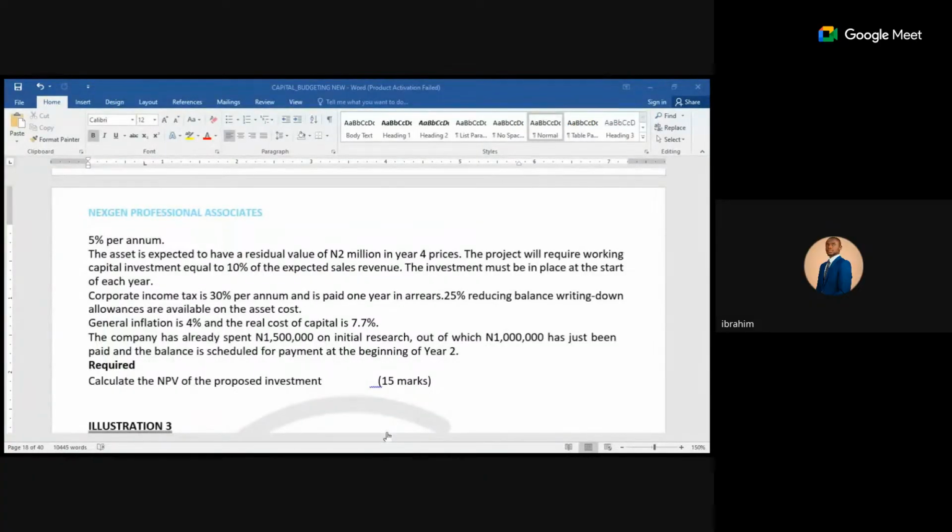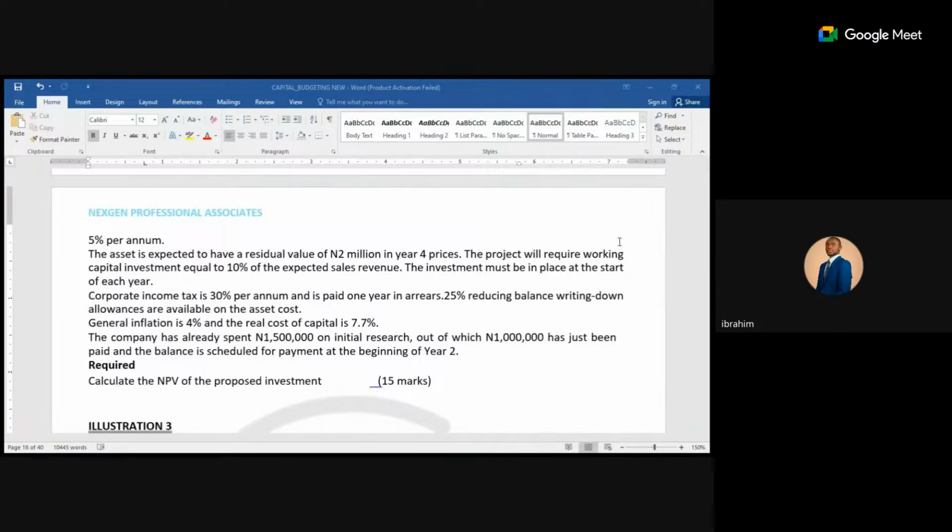Okay. Now, general inflation is 4%, and the real cost of capital is 7.7%.